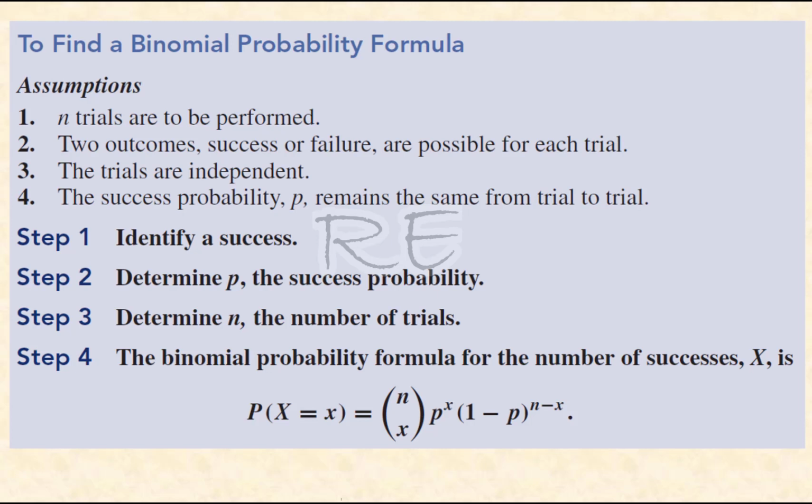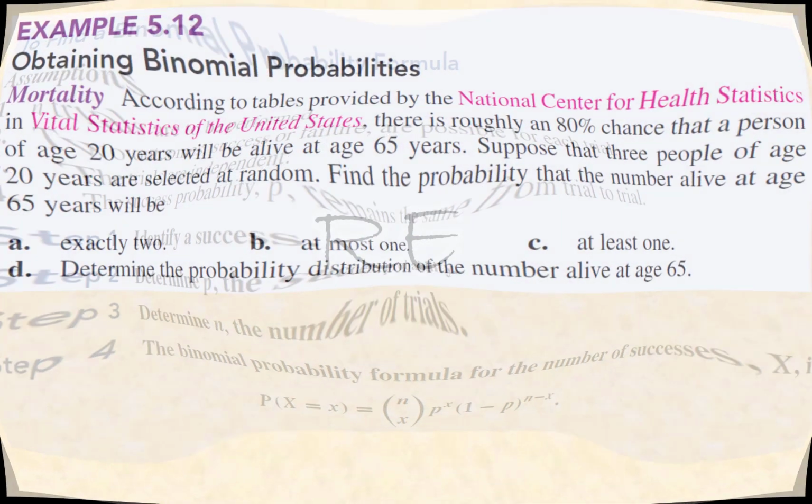Trials are independent, and the success probability P remains the same from trial to trial. The formula is P of capital X equal to X equals n choose X, P to the X, times 1 minus P to the n minus X.